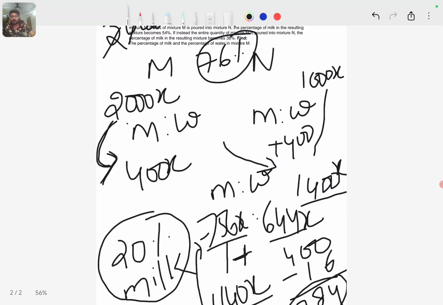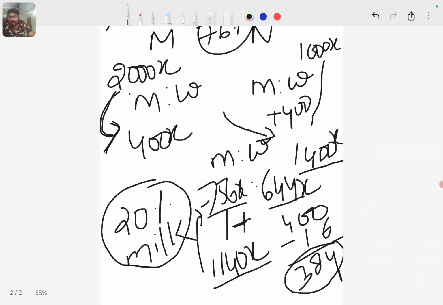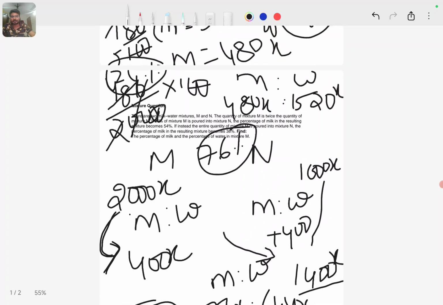So now the main question is, when we have added 20 percentage of the milk, it became 756. When we have added 100 percentage of the milk, it became 1140. So what is the difference between the percentages we have added? 100 minus 20, 80%. For 80 percentage of milk the difference is 384.